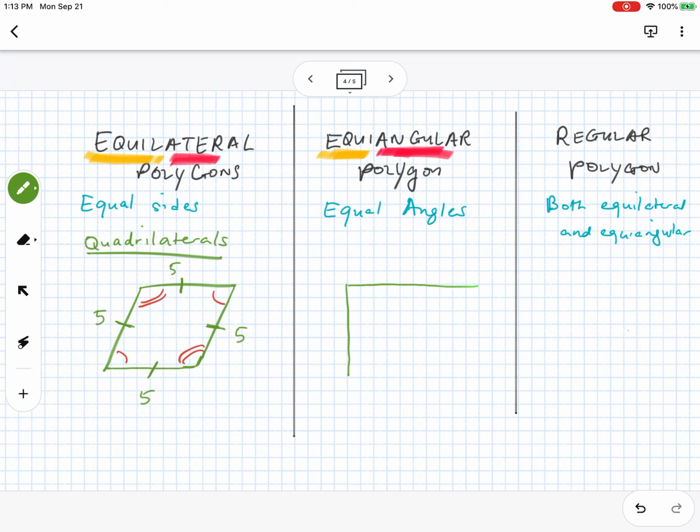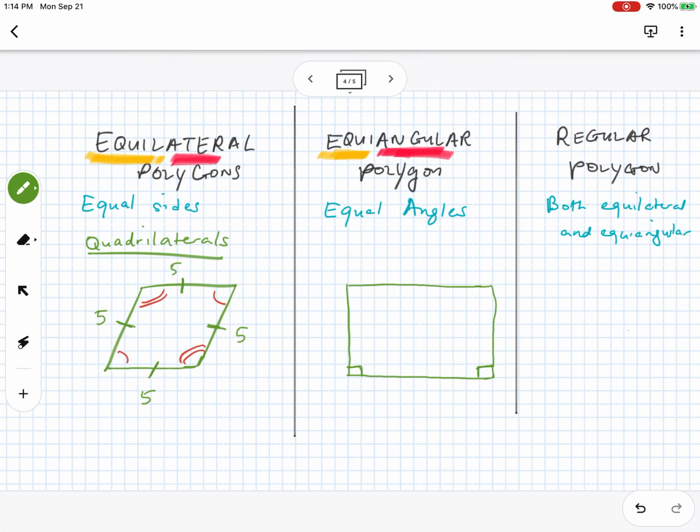In the same way, an equiangular quadrilateral. So I think of something like this. Okay, and so when we trace it like this, remember, this symbol in the corner means what? It means right angle, right? 90 degrees. And so we got 4 of them. And so it's all the same, but in this case with the rectangle, notice not all the sides are the same. Okay, so it's just the angles that are the same.